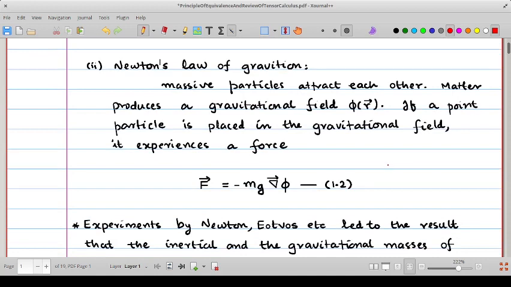So matter produces a gravitational potential field phi, and if another material particle is placed in that field, it experiences a force which is proportional to minus the gradient of phi, and the proportionality factor is written as minus m_g times the gradient of phi, and this is called the gravitational mass of the particle.